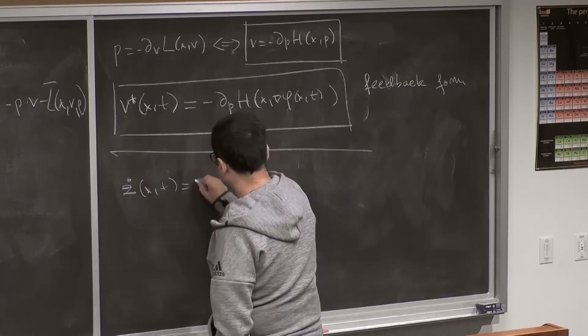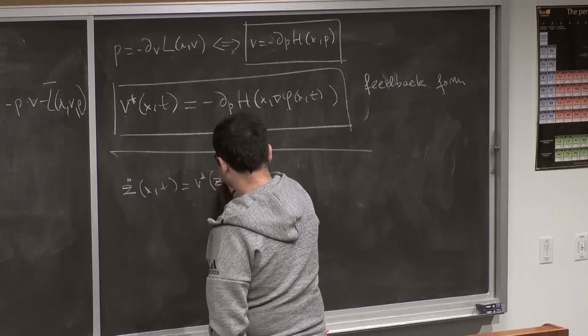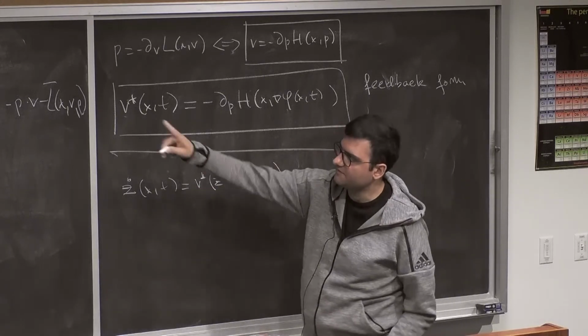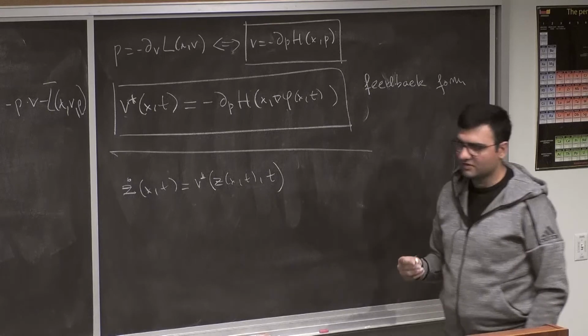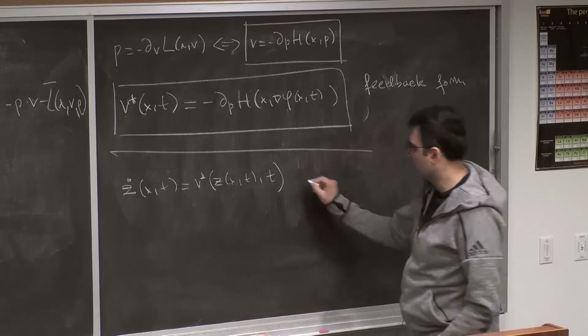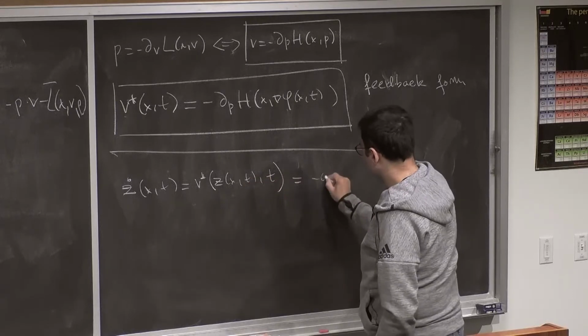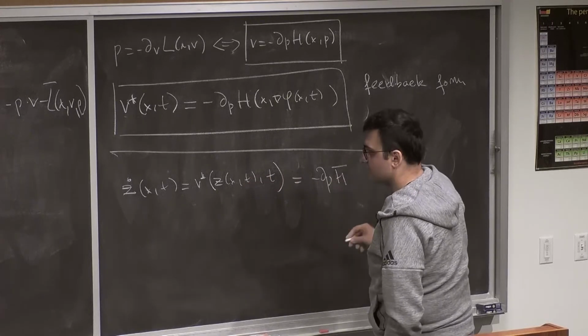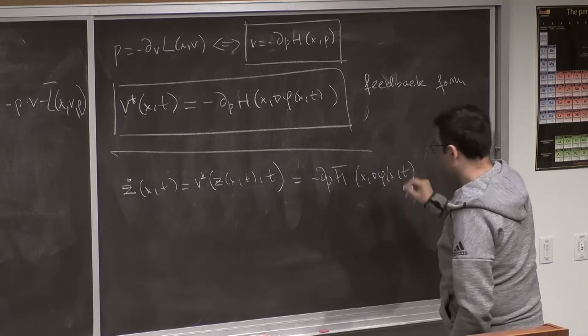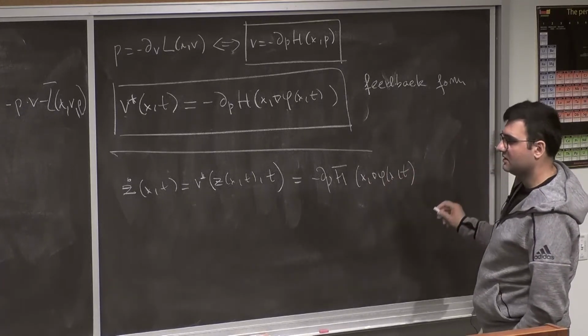So it's V star, because I assumed that F is just V now. So a generic agent's trajectory will be given by this formula, or if I replace it, it's going to be H bar X T.